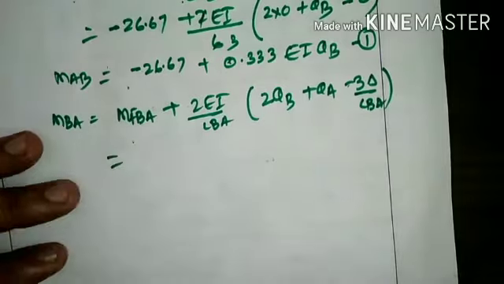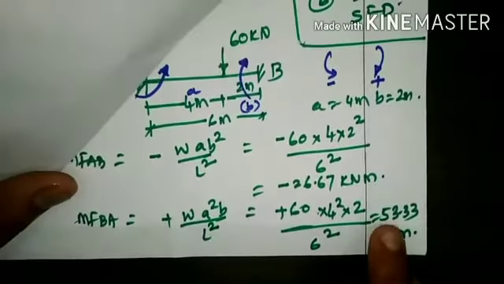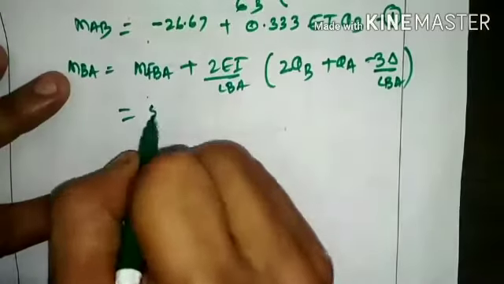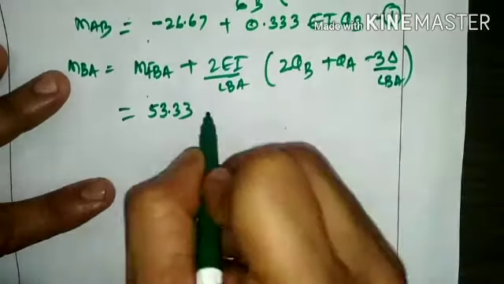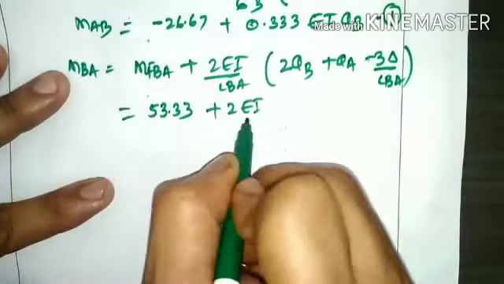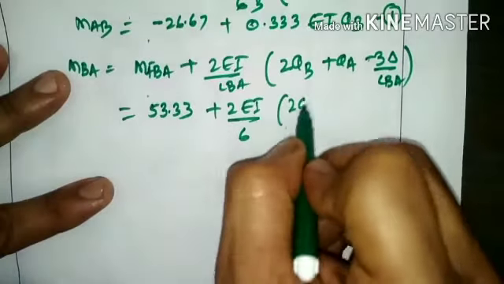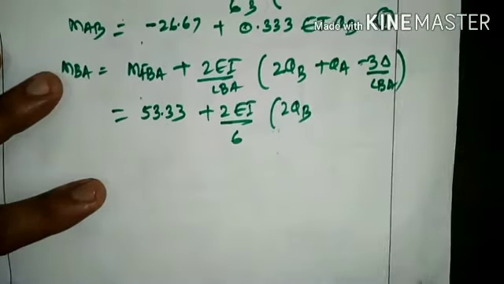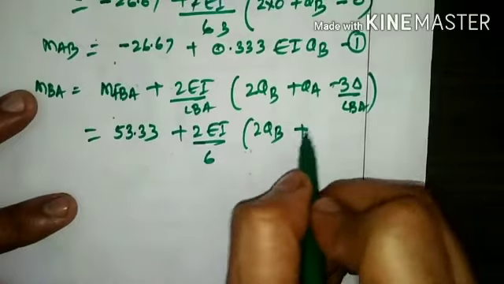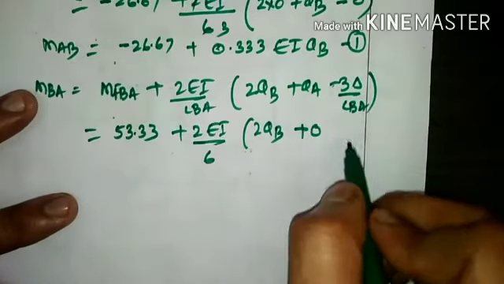So the MFBA value that was calculated was 53.33. So substitute plus 53.33 plus 2EI divided by 6. 2 theta B kept as it is because it's a roller support. So theta B kept as it is. Theta A will be 0 because it is fixed.